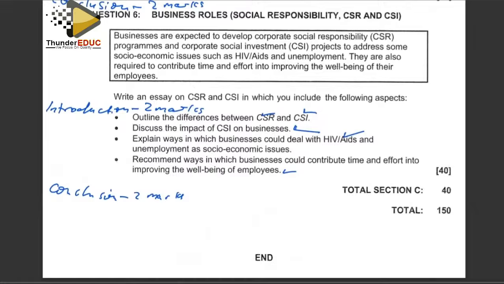In order for businesses to improve the well-being of the employees, they should always offer annual medical assessment to their workers, and also they must provide recreational facilities to their workers. Why should they do that? Because the moment they do that, it will actually promote their efforts, and also it saves time in terms of production of goods and services. So it means in this regard, even efficiency is going to easily be achieved.